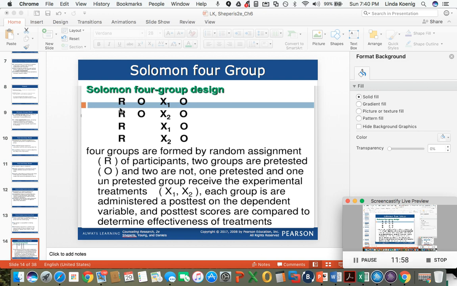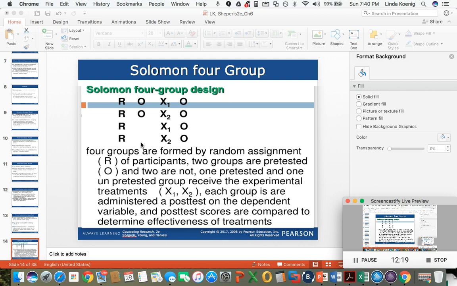We have four groups. That's why it's called a Solomon four-group. So we have individuals that are randomly assigned to each of these four groups, is what the R is here. It tells you down below. Then we have two of the groups that are pretested here. And then we have two groups that are not pretested.